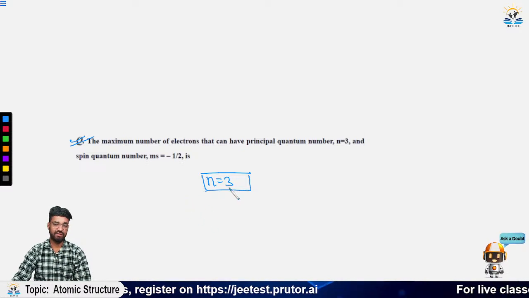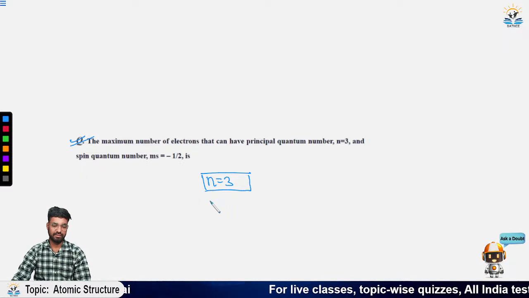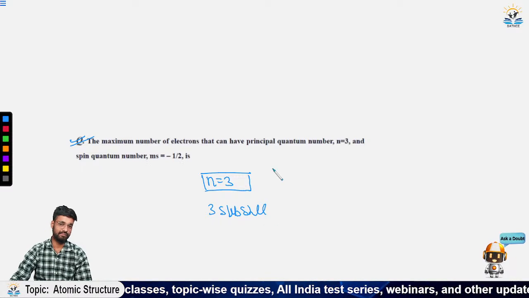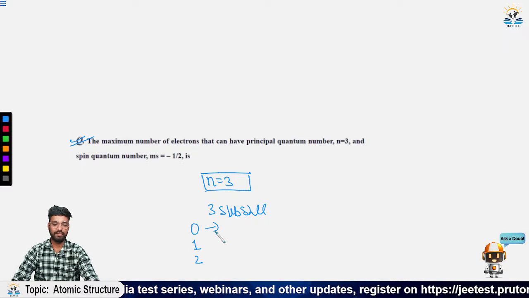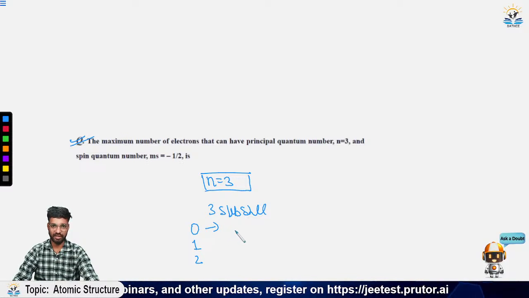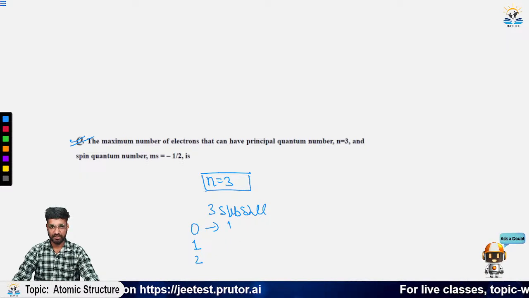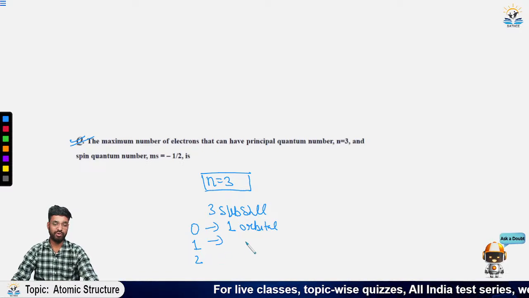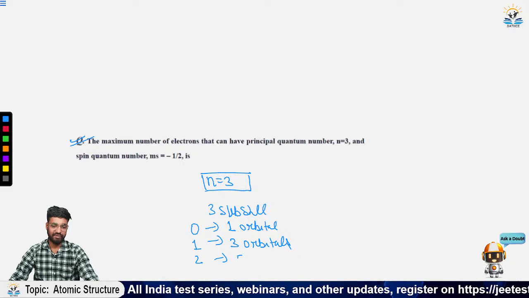It is simple. n equal to 3 will have 3 subshells, that is 0, 1, and 2. For the first subshell, the number of orbitals is 2 into L plus 1, which is 1 orbital here. Then 2 into L plus 1 will give 3 orbitals here. Then it will have 5 orbitals here.